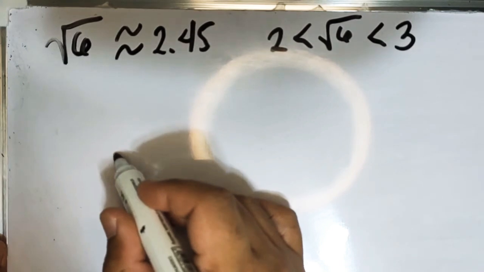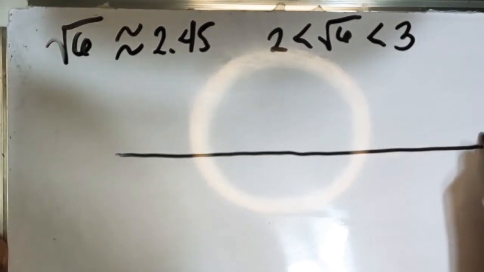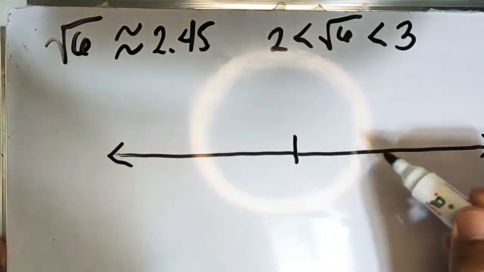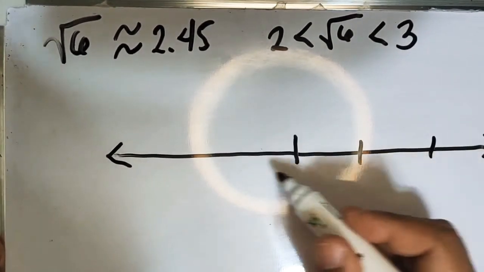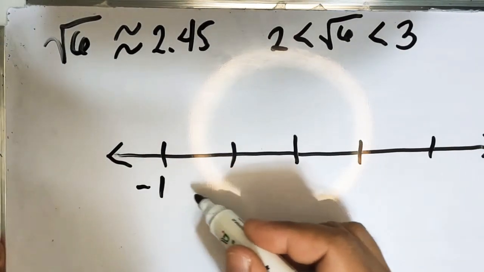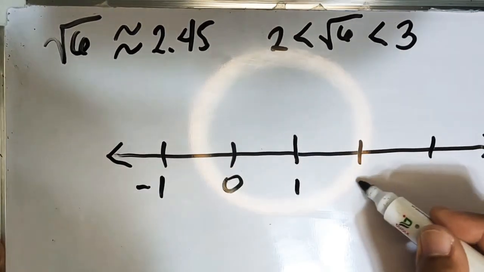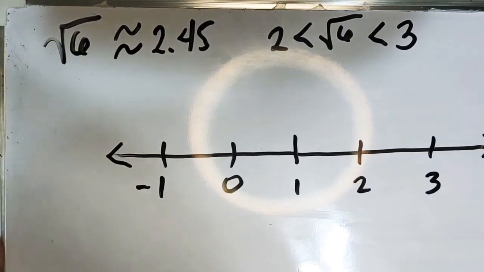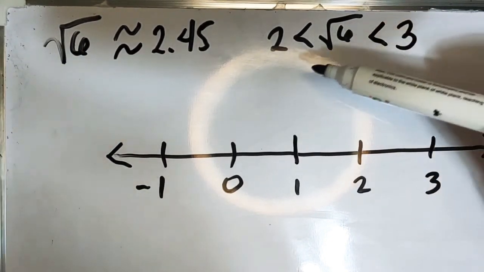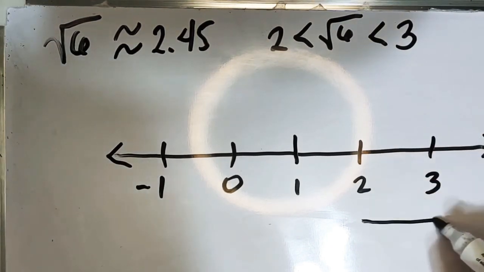So, ngayon gagawa tayo ng number line. So, this is our number line. Let's say this is negative 1, 0, 1, 2, 3. Okay? So, yan ay yung square root ng 6 ay nasa pagitan ng 2 and 3. So, nandito siya.